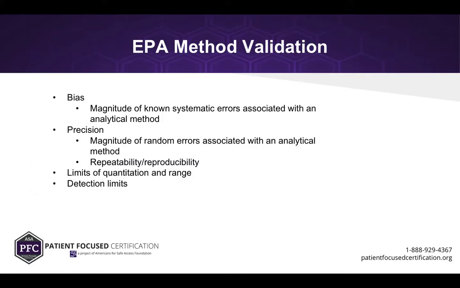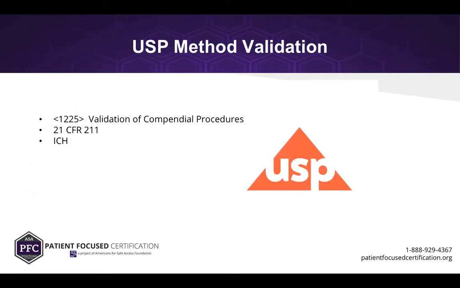They also want to make sure that you know the bias and what the magnitude of that bias is, as well as the magnitude of any random errors that might be associated with the method. They also want to ensure that you're determining your limits of quantitation and range, as well as your detection limits.